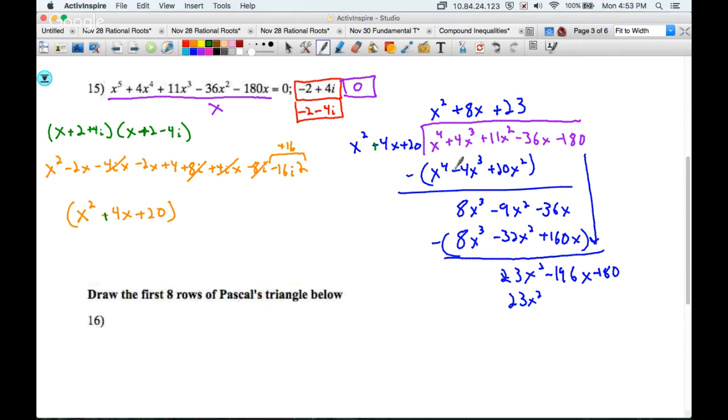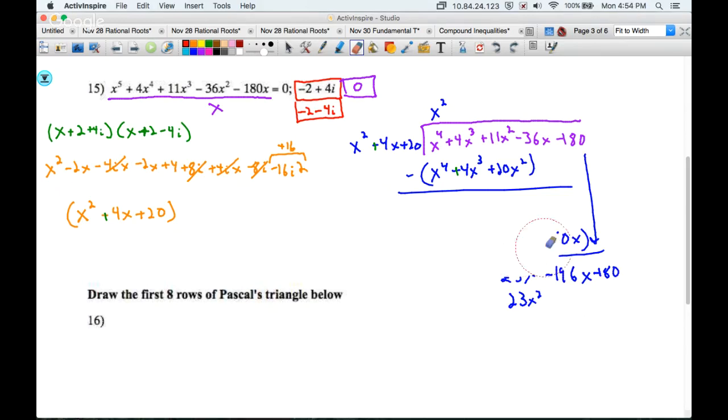Okay, so this would be, so it's going to end up as, okay, so these do cancel. Okay, let me erase from here. These do cancel.